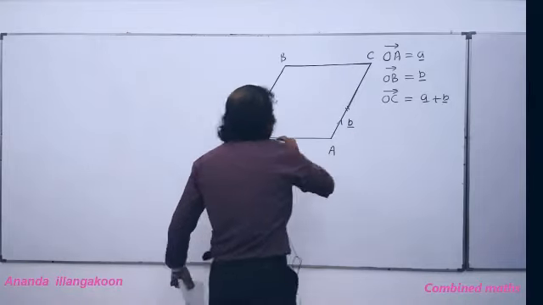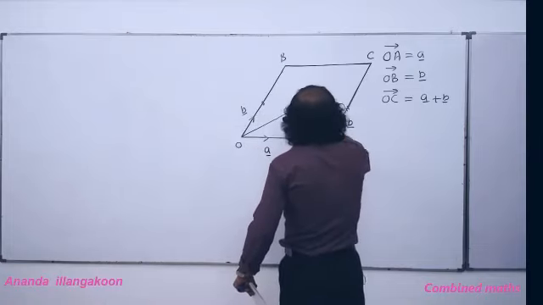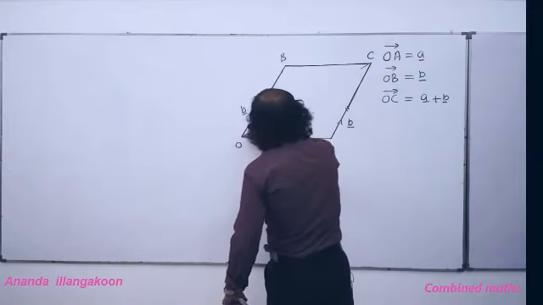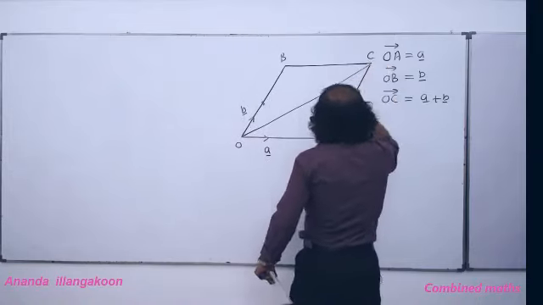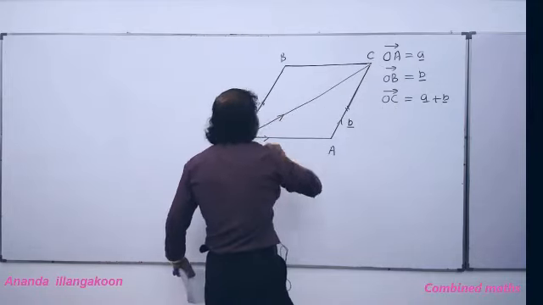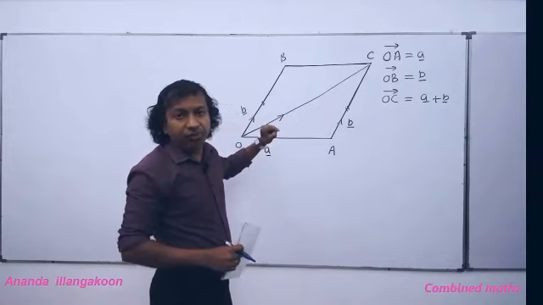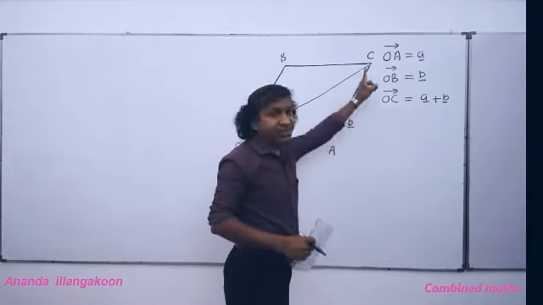When I join O and C now, we can write OC vector by using the triangle law of vector addition, OA plus AC.